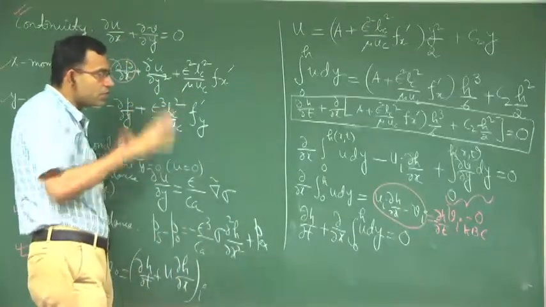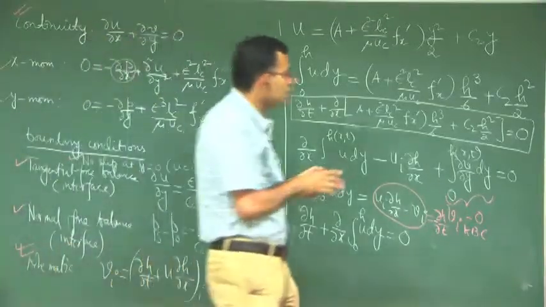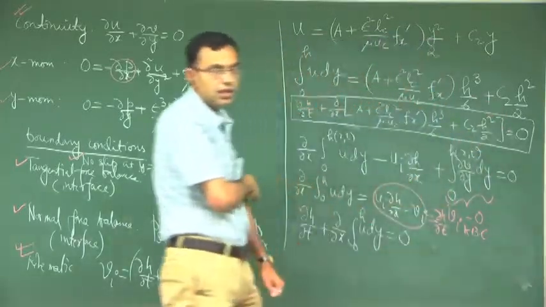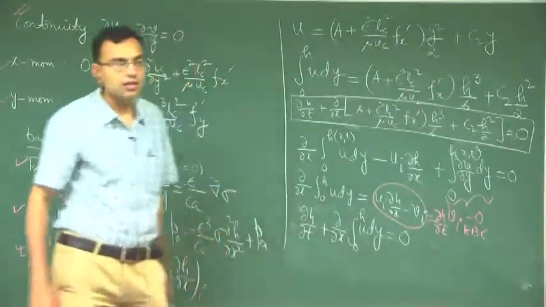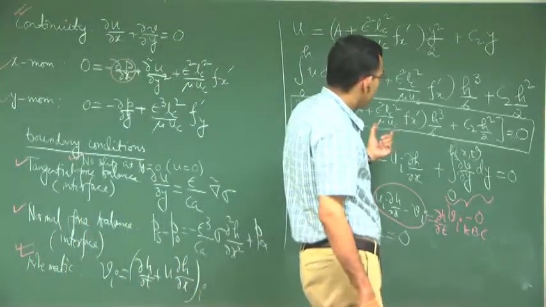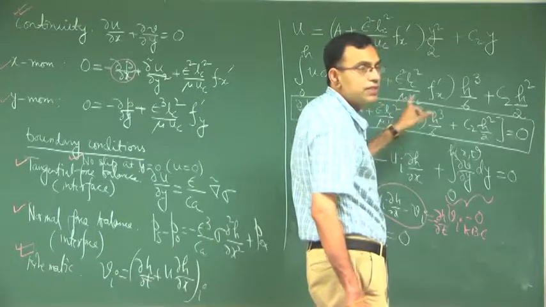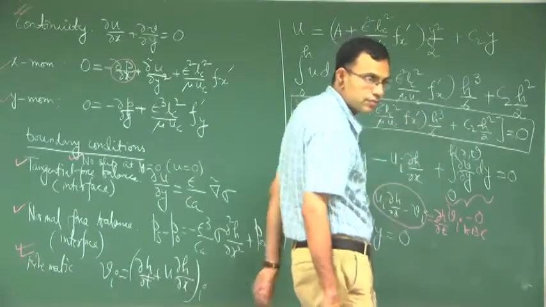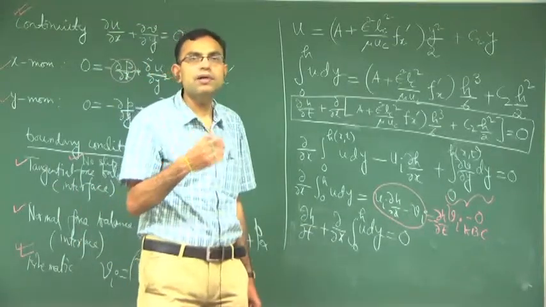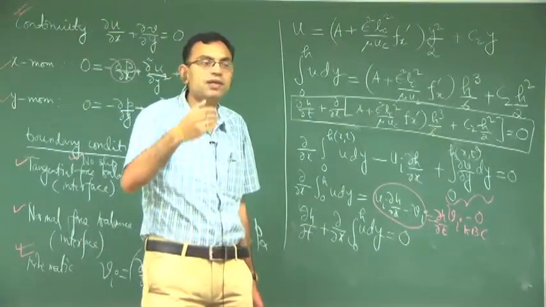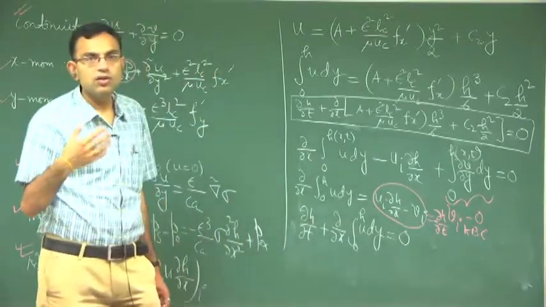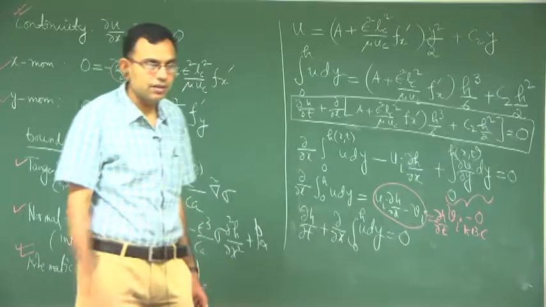So, this appears to be a bit involved because this is the most general equation that we have written, considering all boundary conditions, all body forces and all possible physical effects combined together. But in some cases certain boundary conditions may become redundant. For example, the curvature effect is not important. So, in that case the normal force balance becomes redundant.